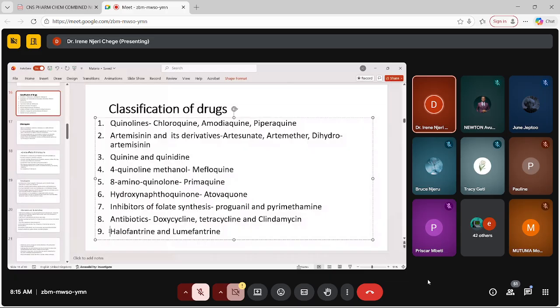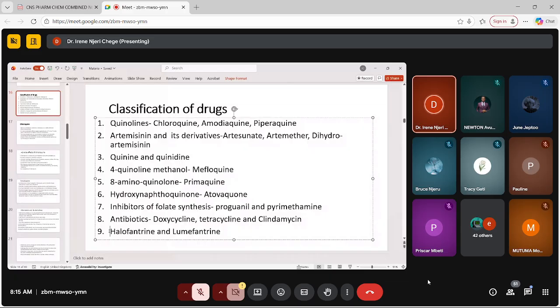Artesunate and artemether have been effective to treat severe malaria when administered rectally, offering a valuable treatment modality when parenteral therapy is not available. Artemisinin and analogs are very rapidly acting blood schizonticides against all malaria parasites.